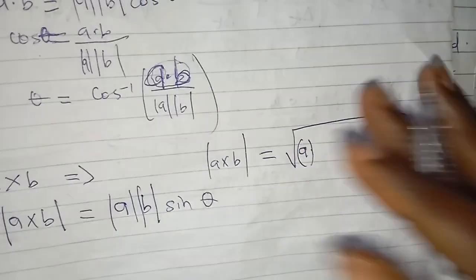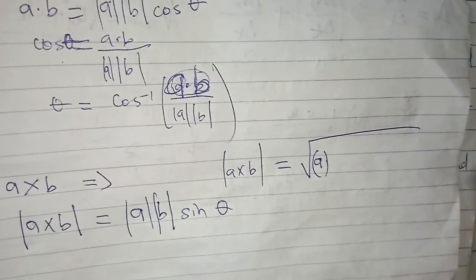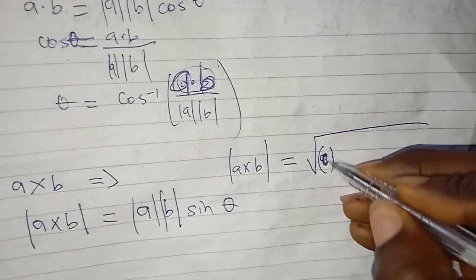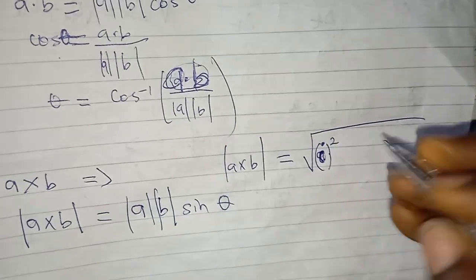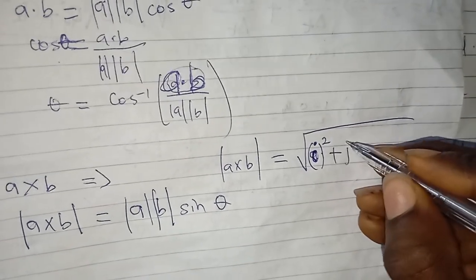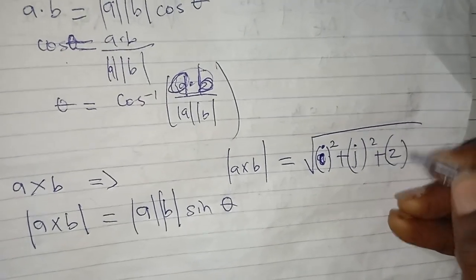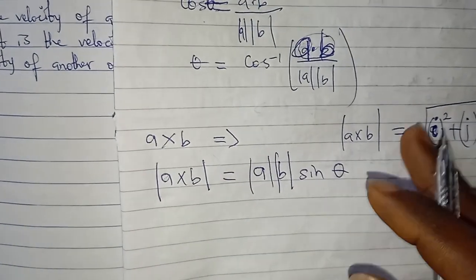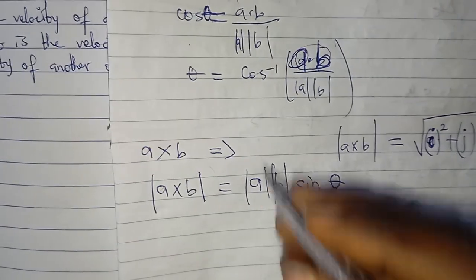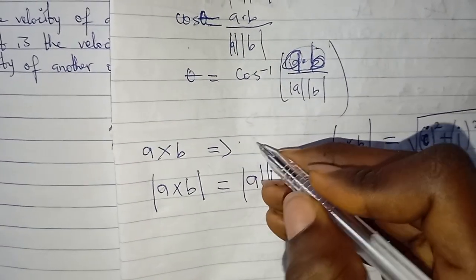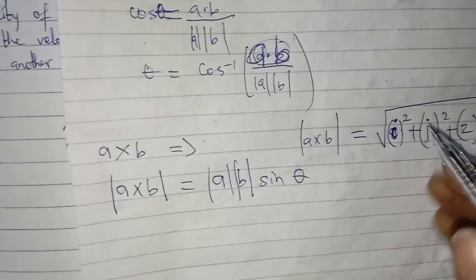on the i-axis. Okay, a cross b, let's say I use i now. Everything I have on the i squared plus everything I have on the j squared plus everything I have on the z squared. When I do it, that's the magnitude of this. Remember that this one normally comes with i and j remaining, so you just remove the i.